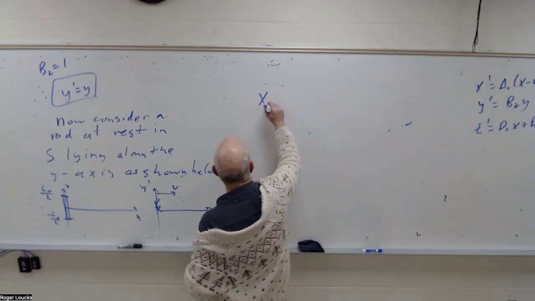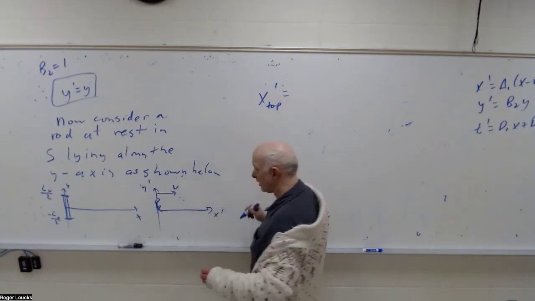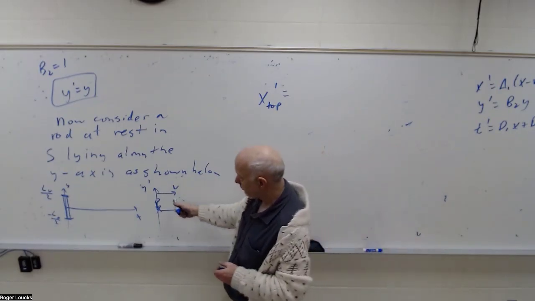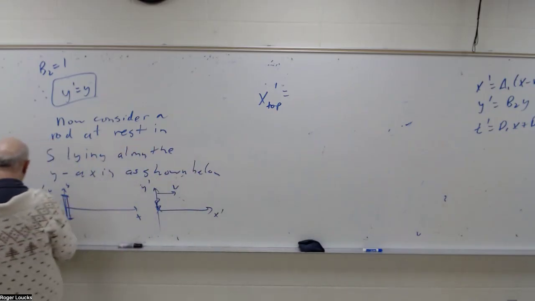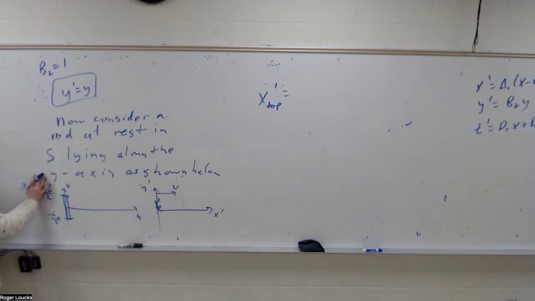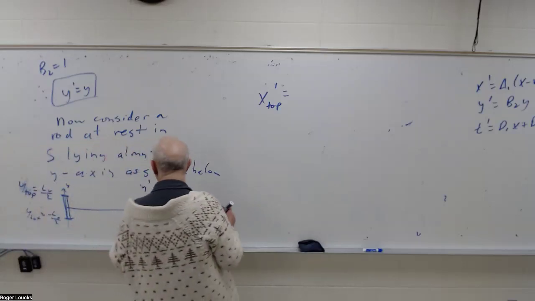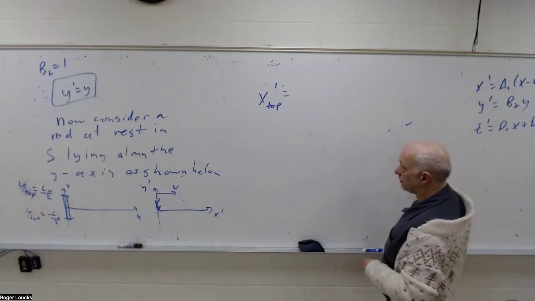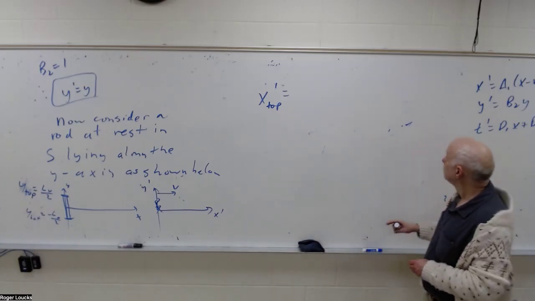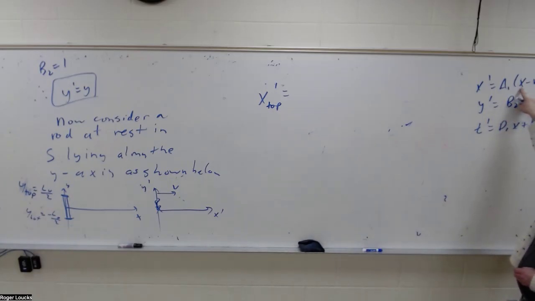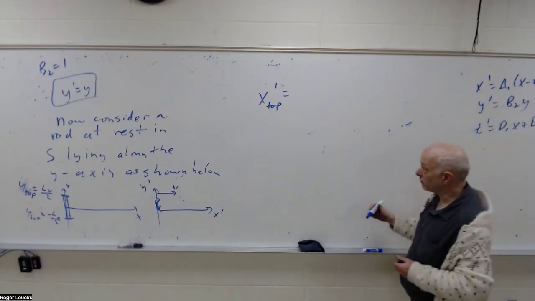Let's see, what is x prime at the top? So what would this person say is its top over here? This is y at the top here. This is y at the bottom. So what would this person say, according to this equation, is x at the top? X is 0.